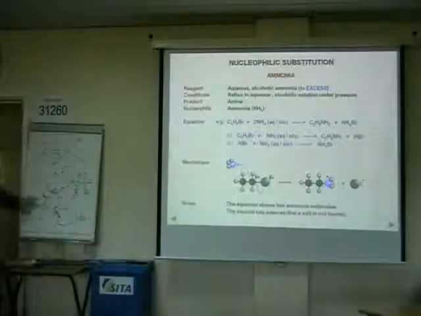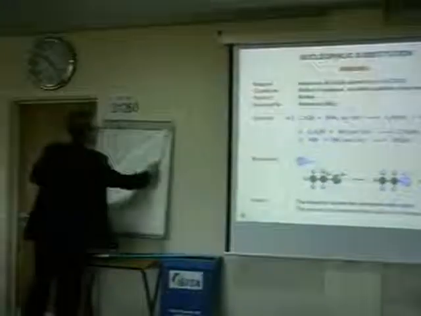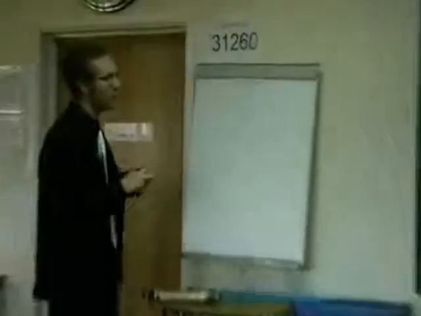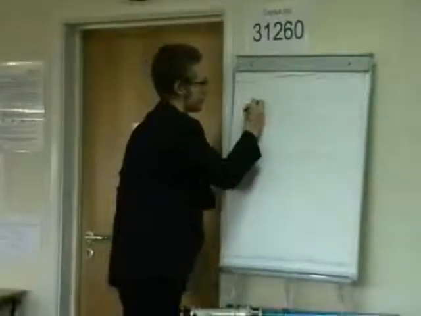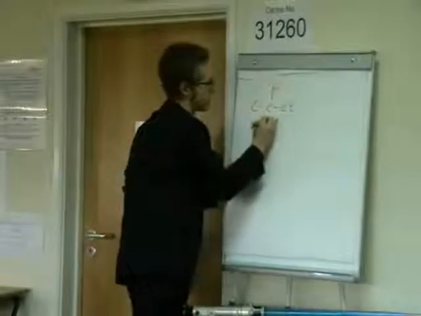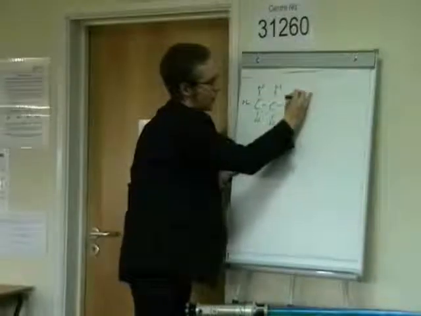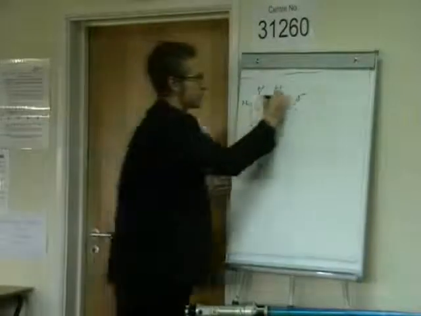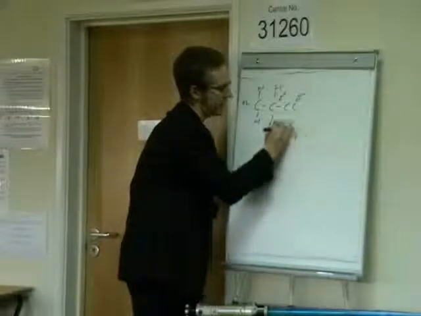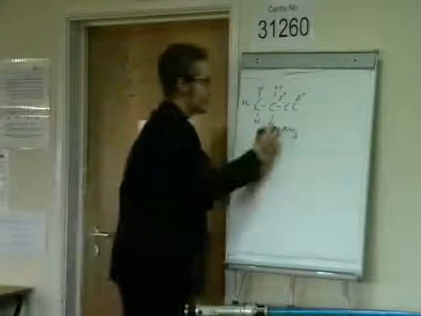But at this point, actually, I'm going to draw you a mechanism. Right, there's my delta negative. There's my delta positive. There's my NH3. There's the lone pair. Can you all see that? Yeah.